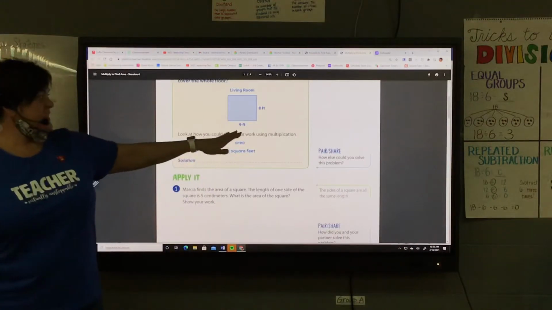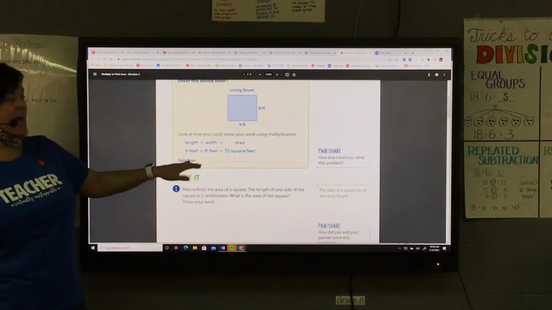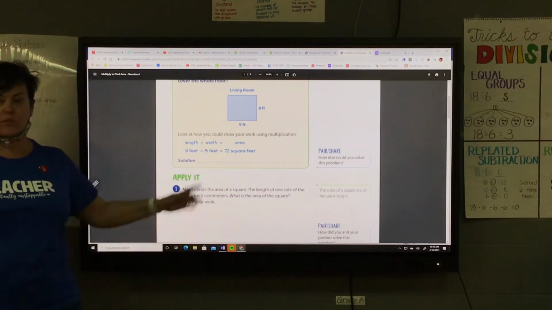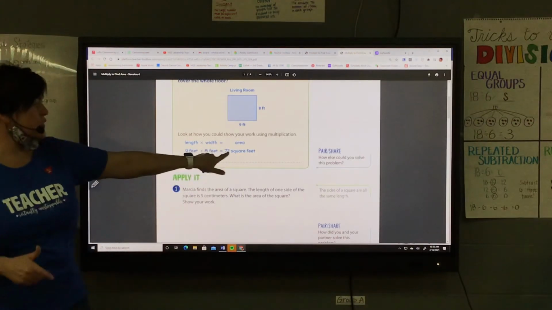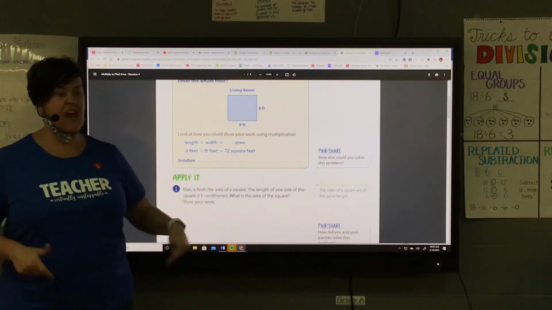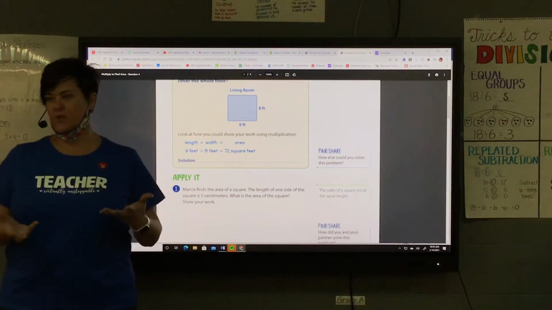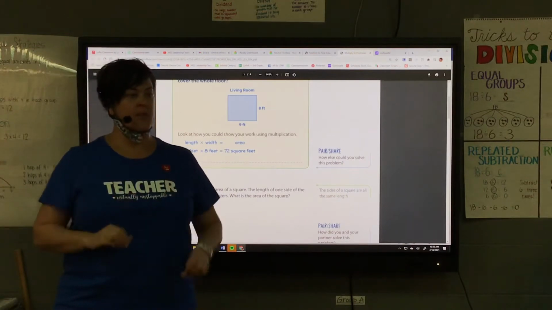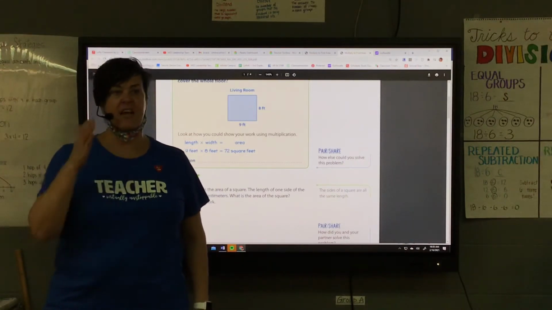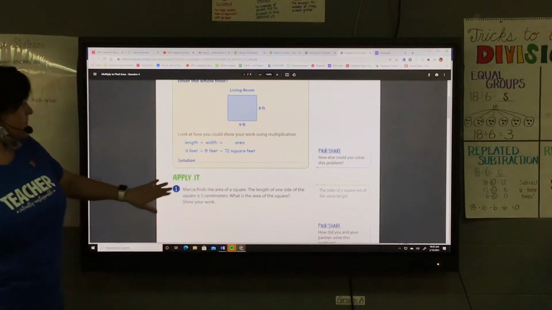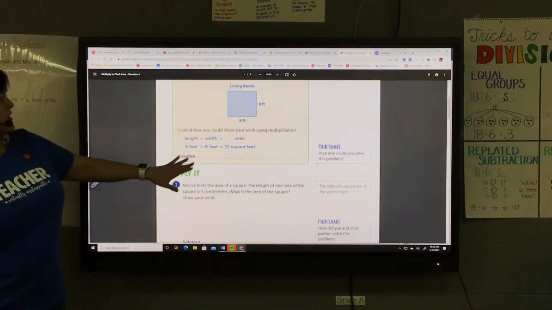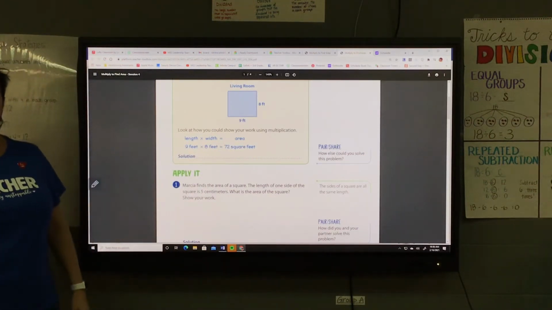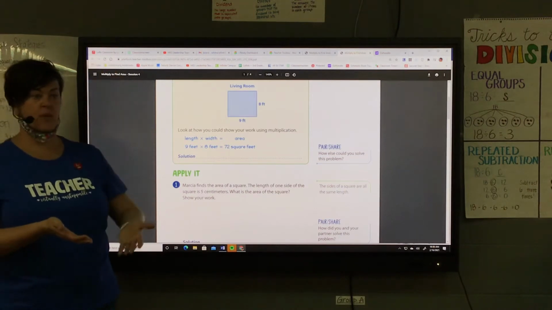They say that the length is 9 feet times the width of 8 feet equals, what did they tell us? 72 square feet. Now, is it okay if we abbreviate those? Square is abbreviated as SQ, and feet is abbreviated as FT. All right. So this is how they solved it, multiplying length times width.